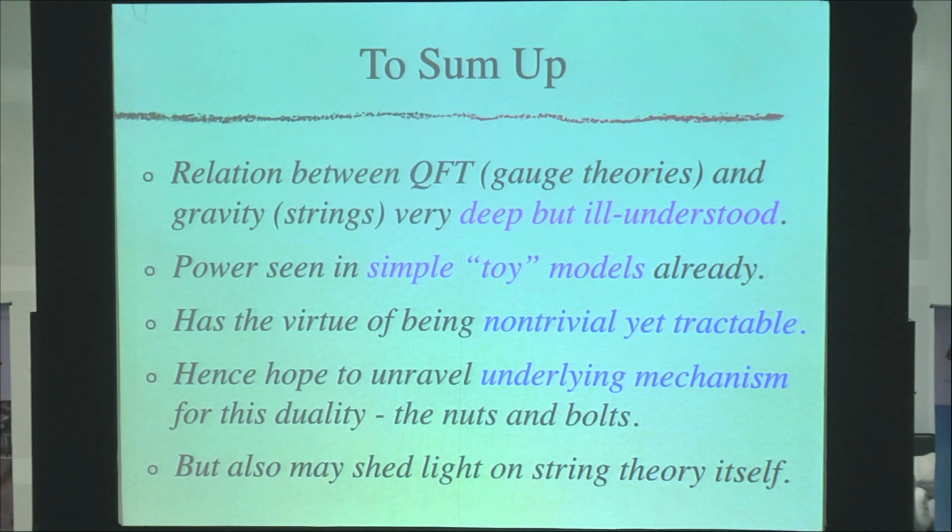And these examples have the virtue of being non-trivial and yet tractable. One might therefore, I hope, use this to unravel the underlying mechanism, the nuts and bolts. But as I tried to tell you at the end, hopefully these examples also in turn feed back and may shed light on string theory.